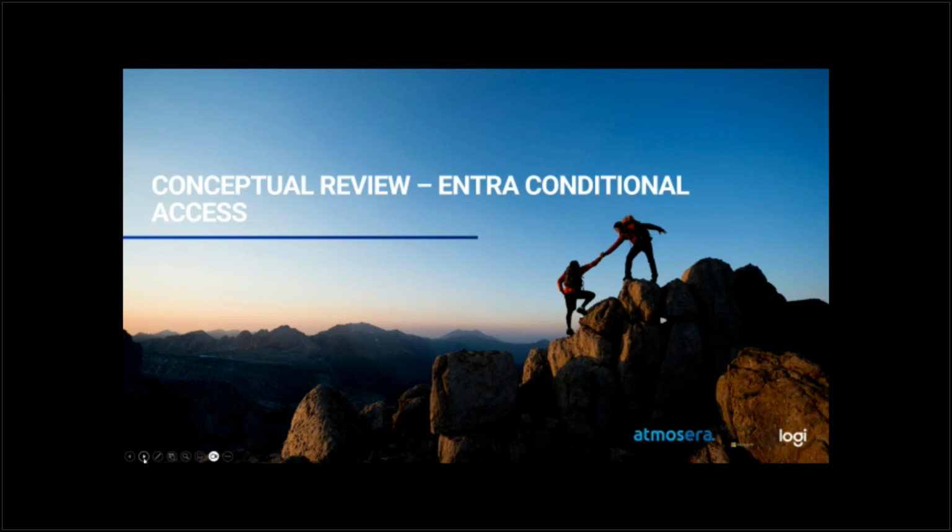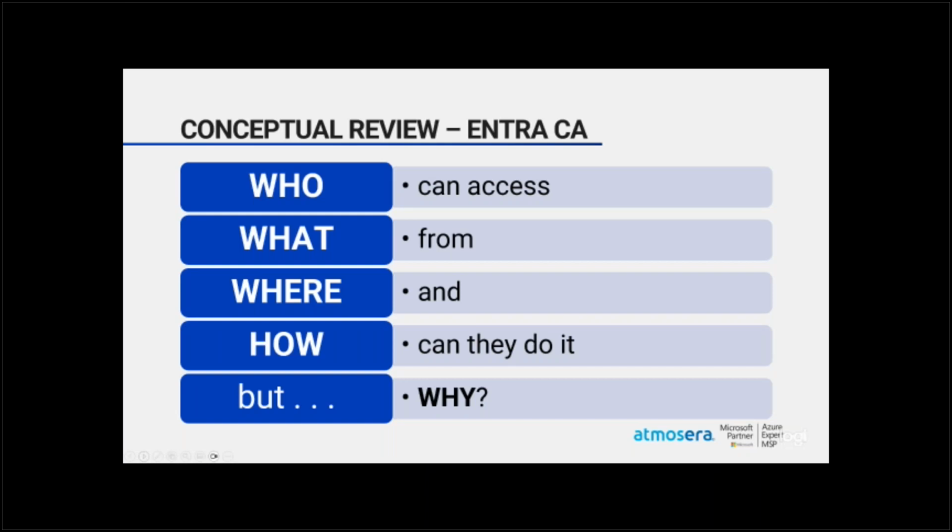So, Entra conditional access. Here, it basically boils down to getting some control over who can access what, from where, and how can they do it. But we do need to stop and ask ourselves why.